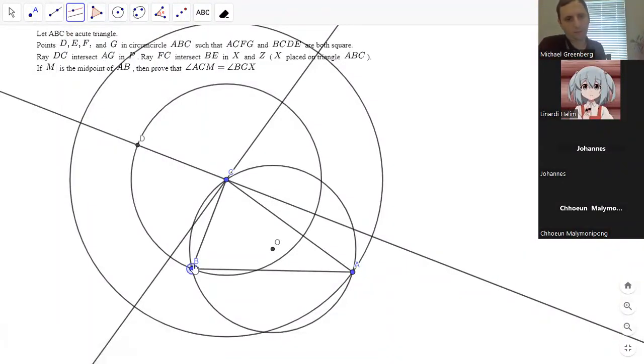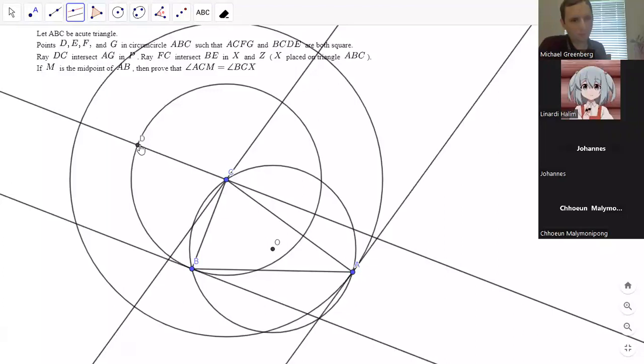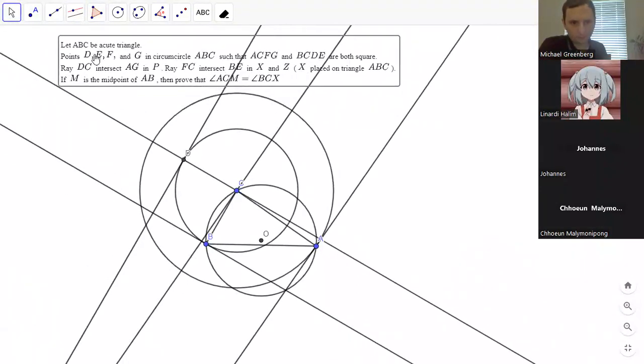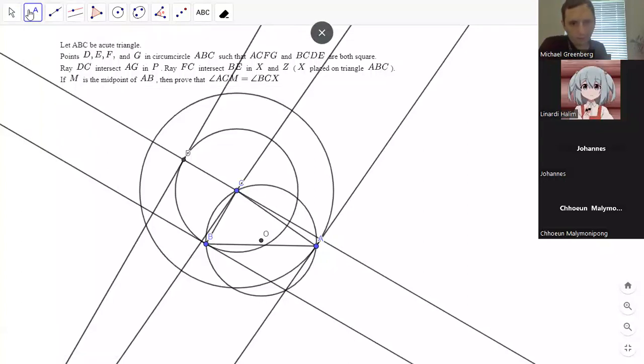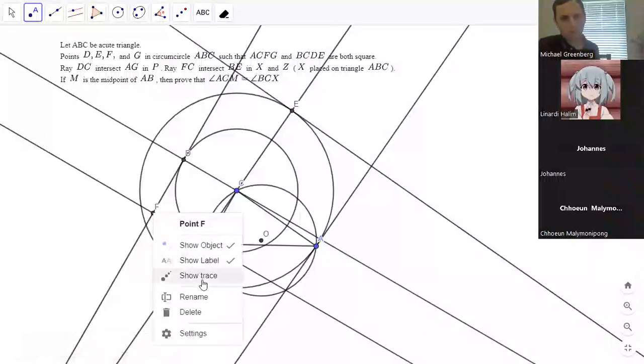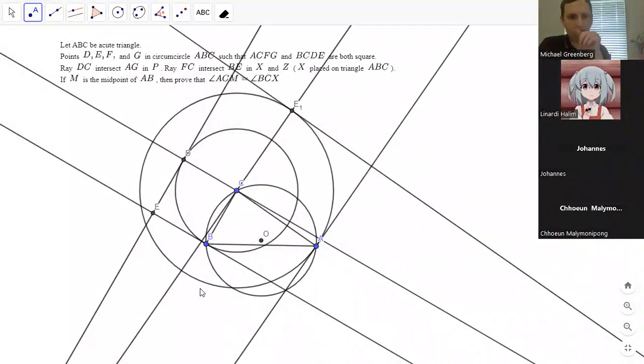Just trying to find the fastest way to do this. Okay, so BCDE and ACFG.